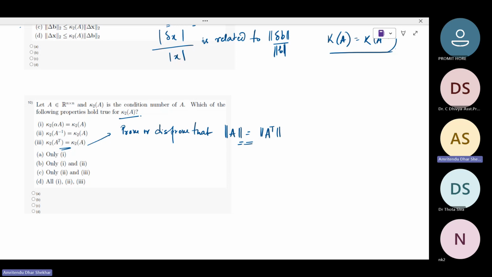So any guesses whether the norm of A should be equal to the norm of A transpose? Okay, so someone says it's false.